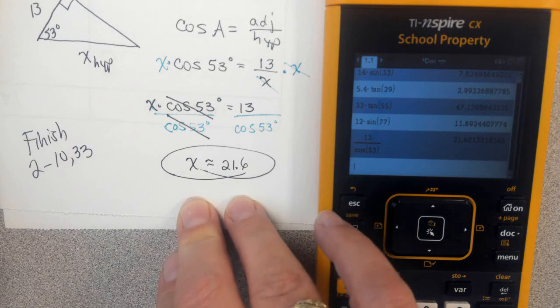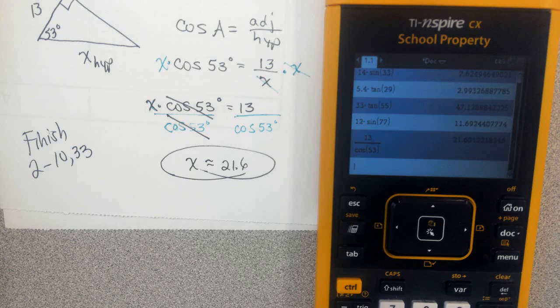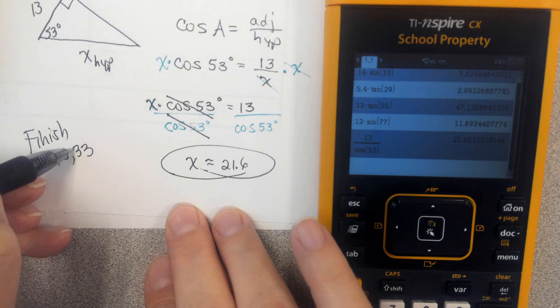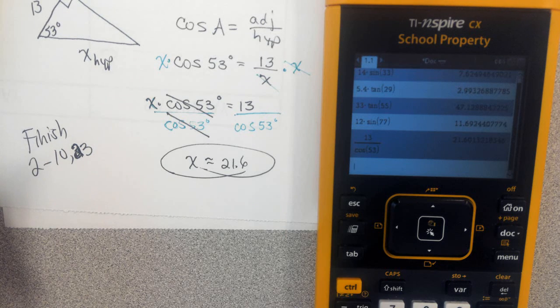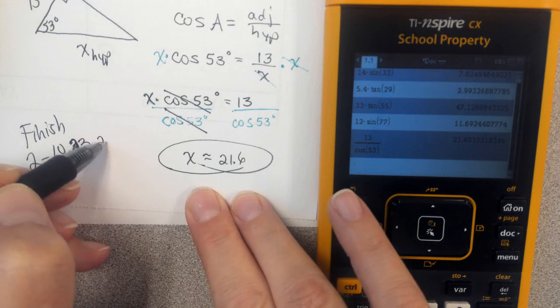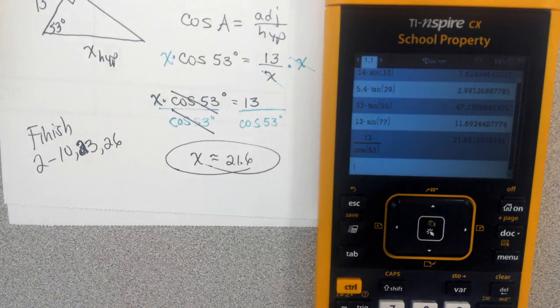It's similar to what we did with the ladder against the wall problem. Sorry, that's supposed to be a 2. 23, not 33. And 26. Okay, so 11 problems total. 9 with no words and 2 with words. Try not to panic. Just draw a picture first, label your picture, and it's just the same as the no word problems.